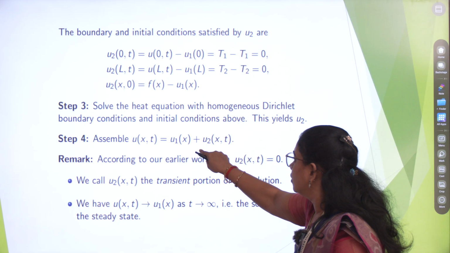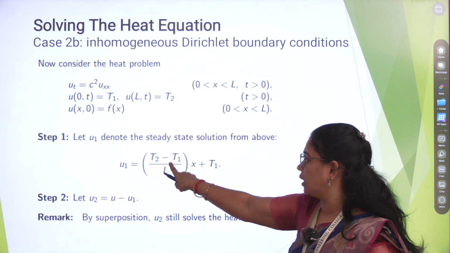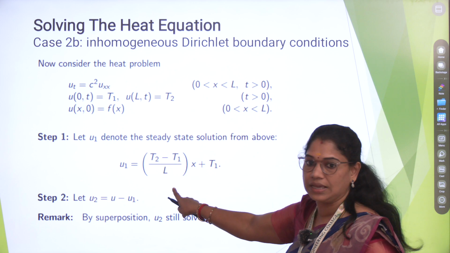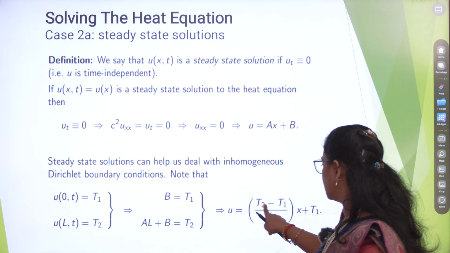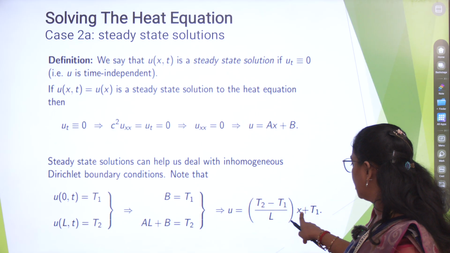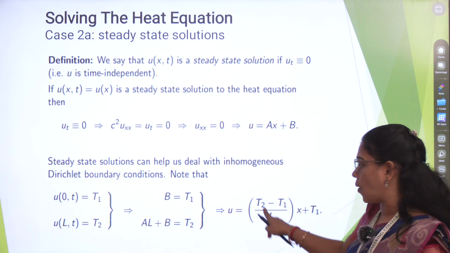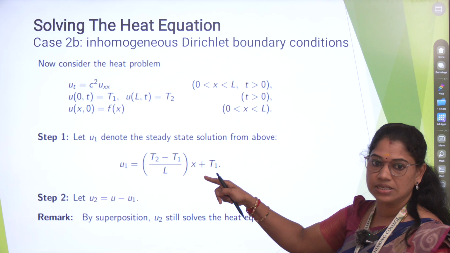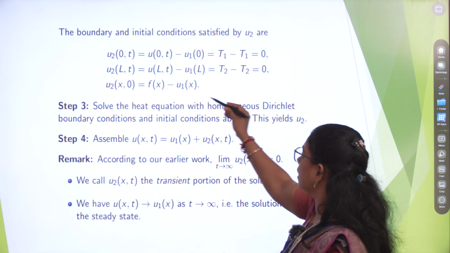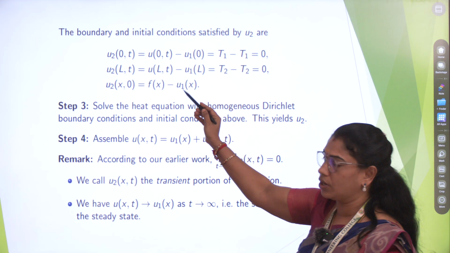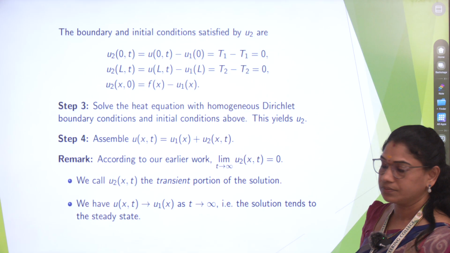This is because u1 is (t2 minus t1) by L times x plus t1, and u is likewise. So solving these both conditions, finally u2 of 0 comma t is equal to 0.